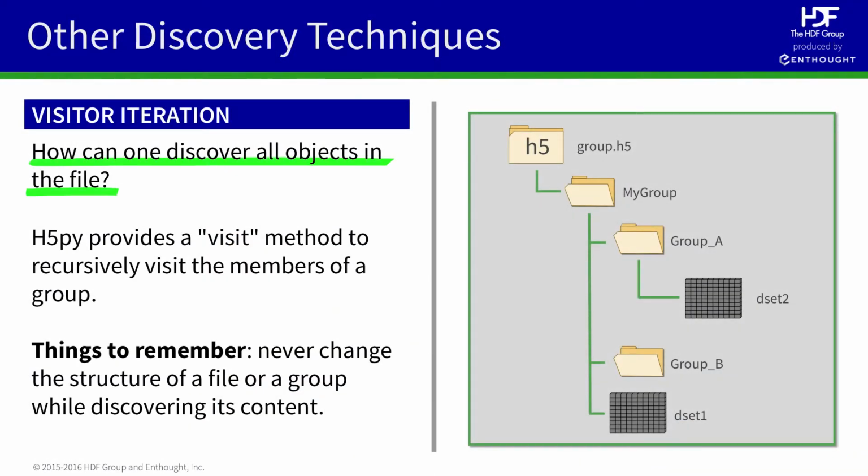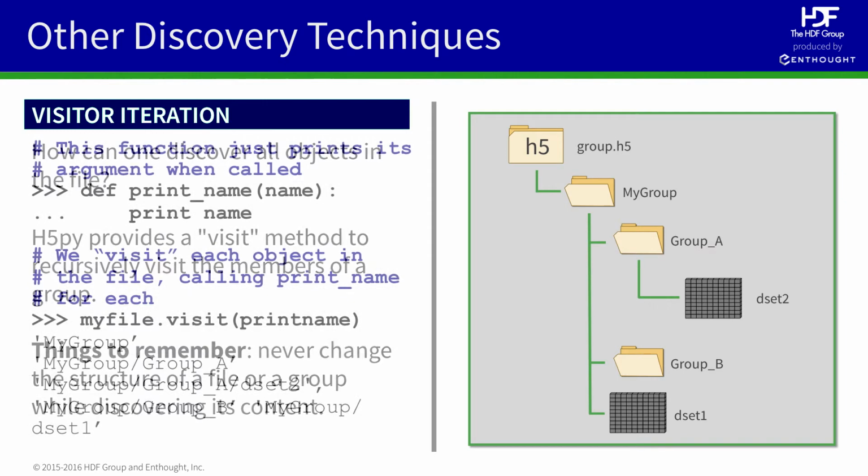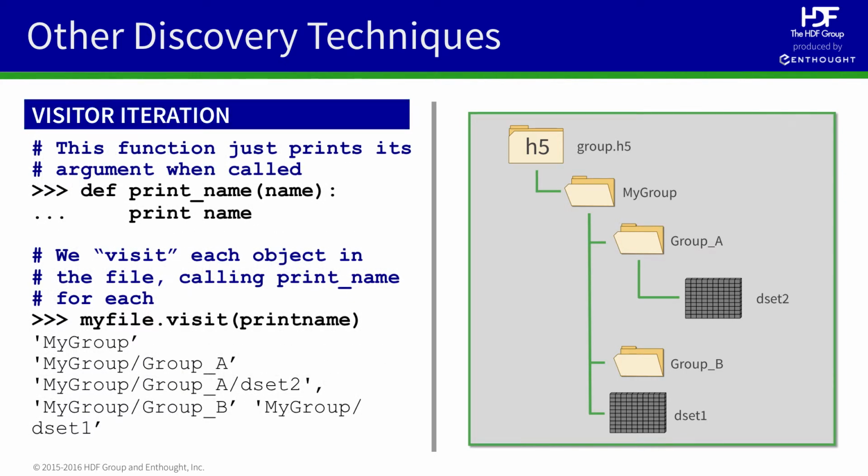There's one more technique which is very useful for investigating the contents of an HDF5 file. You might recall that iterating over a group will return the names of the members inside the group. However, it does not recursively travel the tree. If you need to recursively investigate an HDF5 file, you should use something called visitor iteration. Visitor iteration is very straightforward.